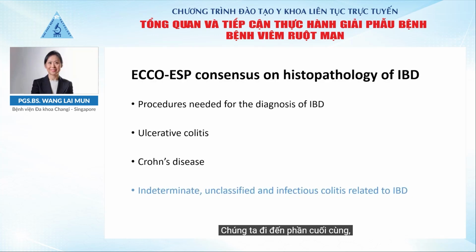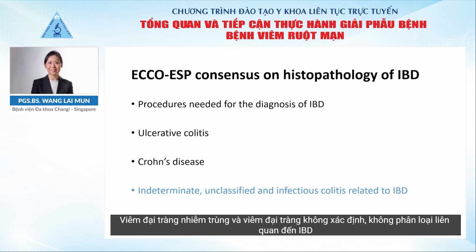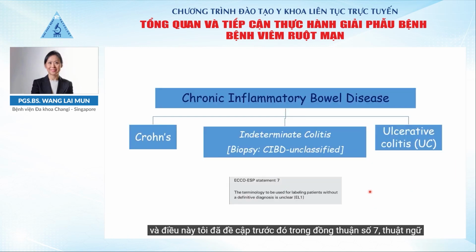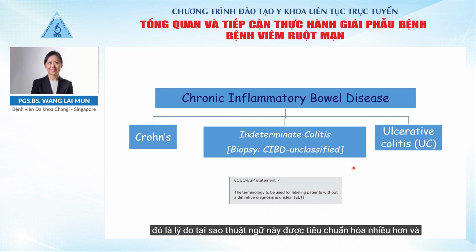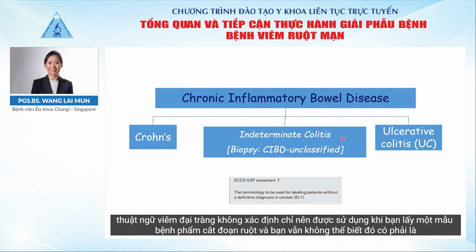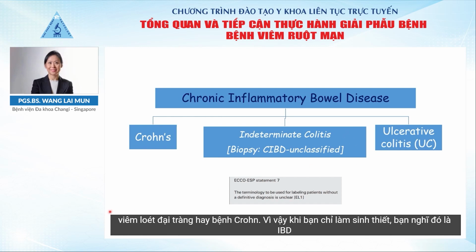So we are now into the final indeterminate, unclassified, and infectious colitis related to IBD section. And this I have mentioned earlier on in position statement 7, where the terminology to be used for labeling patients without a definitive diagnosis is unclear. That is why there's more standardization and a label called indeterminate colitis, and the term indeterminate colitis should only be used when you get a resected specimen and you still cannot tell whether it is ulcerative colitis or Crohn's.